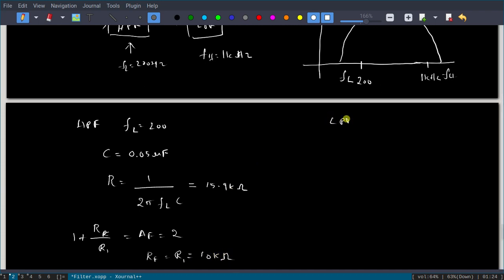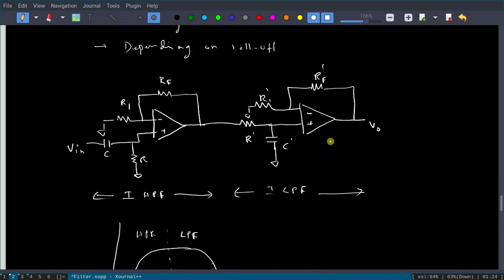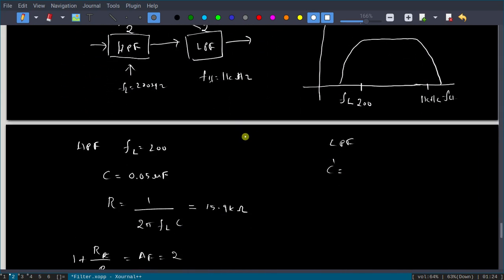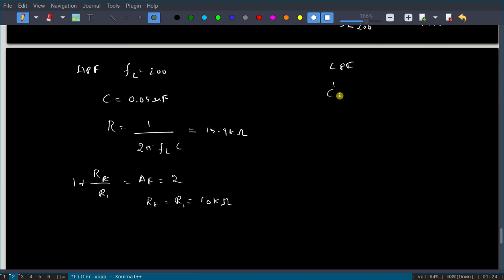Similarly, you have to design the low pass filter, where you again select a capacitor, we will call it C dash, because we have used that symbol itself. Just see here, in the low pass filter we have considered C dash and R dash. So C dash, let it be 0.01 microfarad, and R dash will be 1 by 2 pi FH into C dash. When you substitute, here also you will get 15.9 kilo ohm.